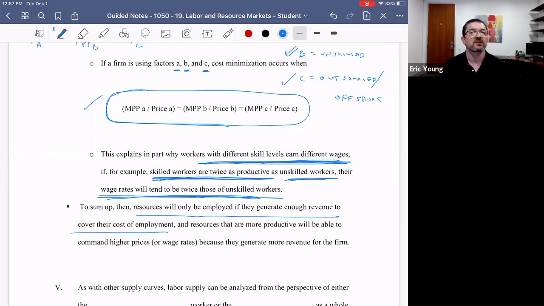In other words, that's the marginal revenue, marginal cost rule that is setting the MRP of labor equal to wage, okay? Resources will only be employed if they generate enough revenue to cover their cost. And number two, critically, resources that are more productive will always be able to command higher prices. In the case of labor, wage rates.